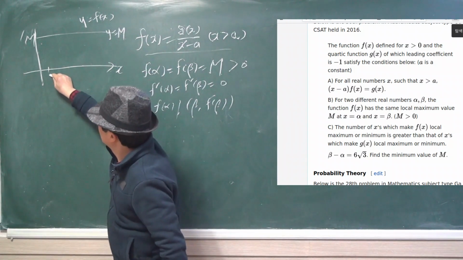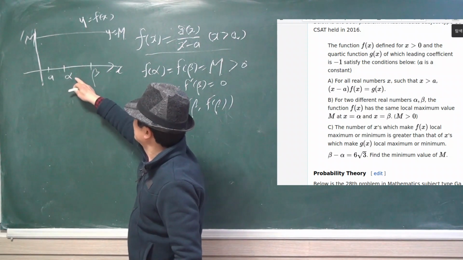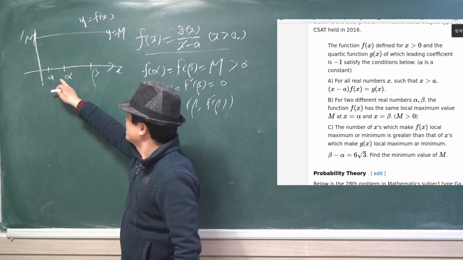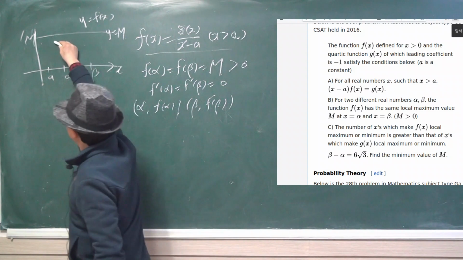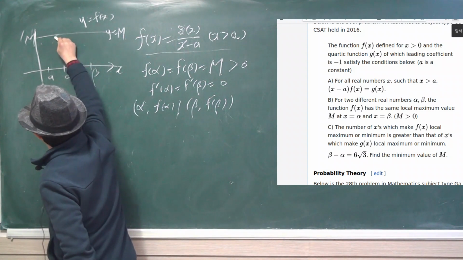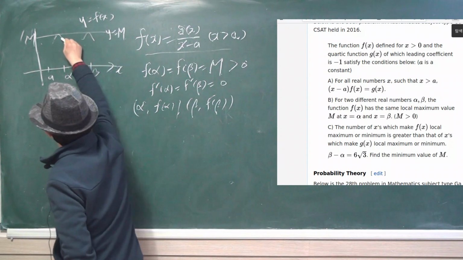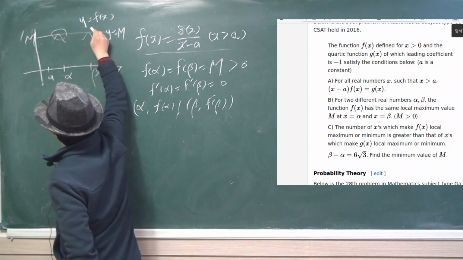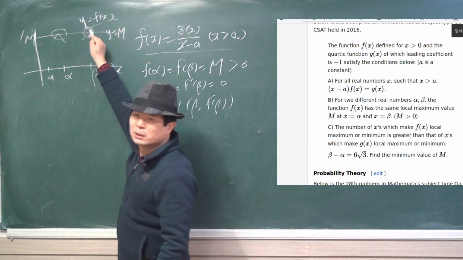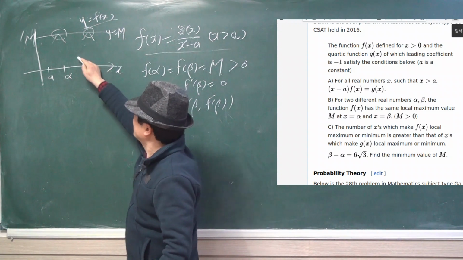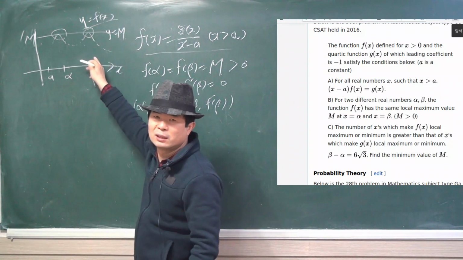And a, alpha, beta: there are 2 points that are bigger than a. We can sketch the local maximum points like this. We only know the local behavior of y equals f(x), and the other behavior of the function is still not known.